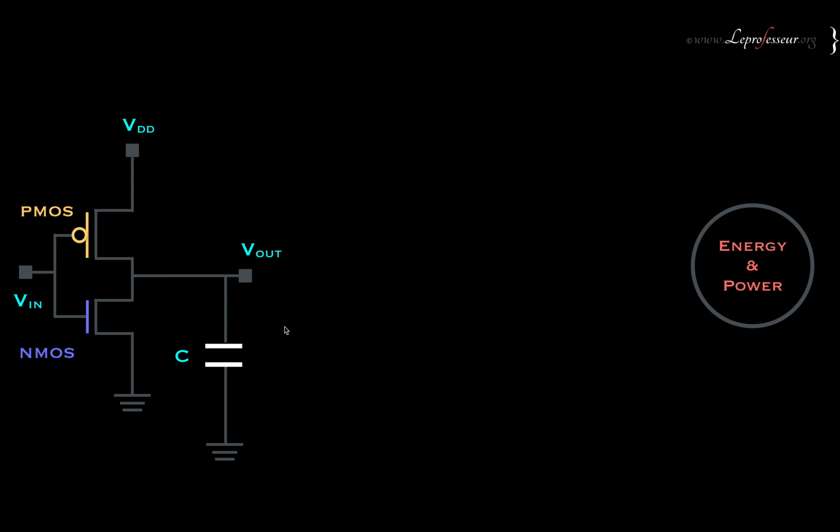Now let's try to complete the circuit and put a load capacitance here, and let's think about a case where the circuit is not yet in saturation or operation mode, where the applied voltage is bigger than the threshold voltage of the NMOS and less than VDD minus the threshold voltage of the PMOS. Interesting scenario. So what happens in that region of operation?